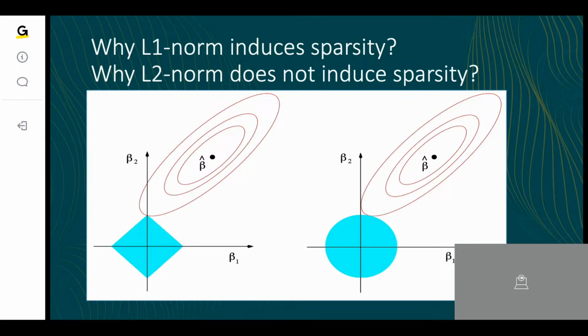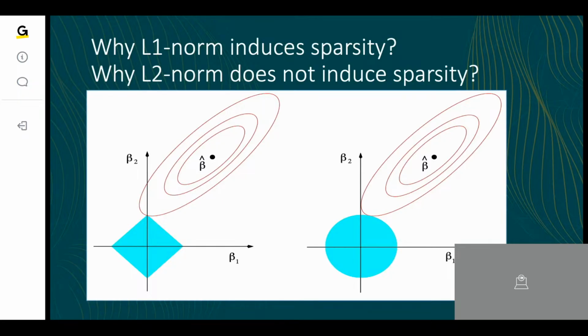Now what you would notice is that the point that gets selected is the one where the iso-loss term actually intersects with the axis. So in this particular case, beta 1 ends up being 0, right? On the other hand, in the L2 norm version, the second term looks like a circle in the two-feature case.